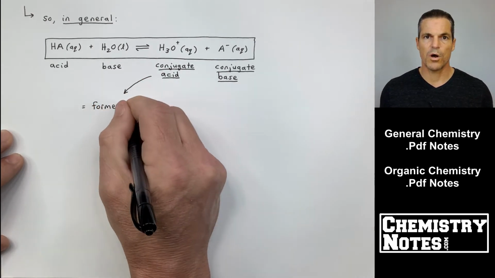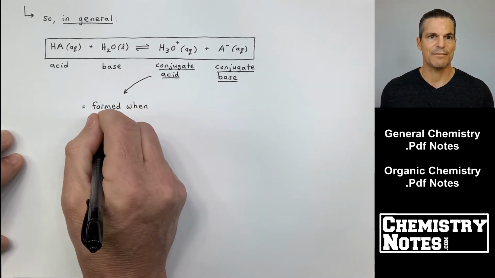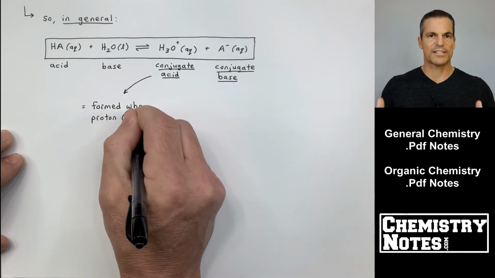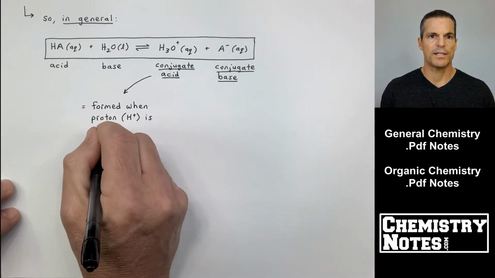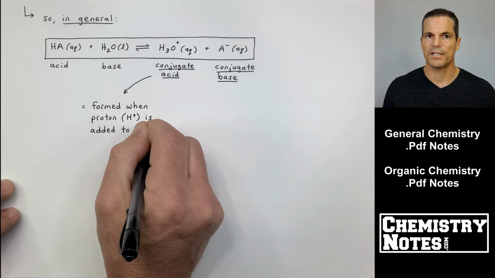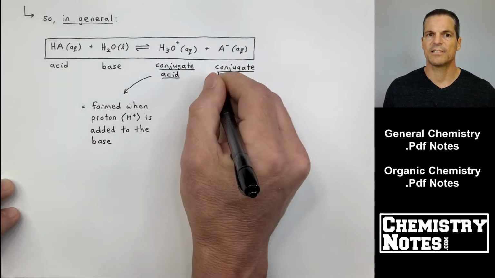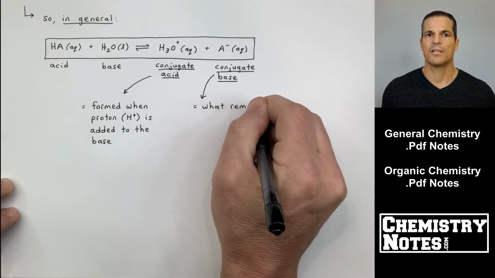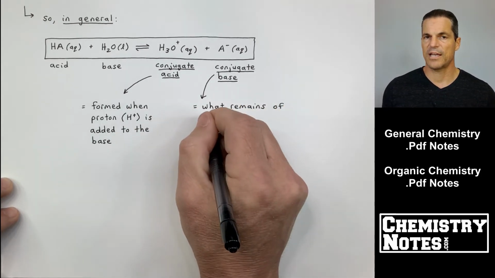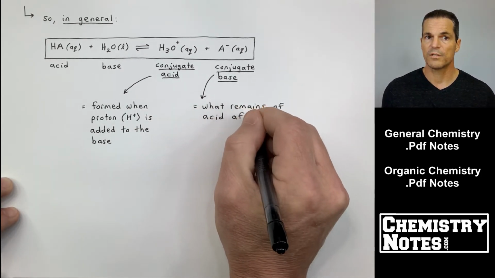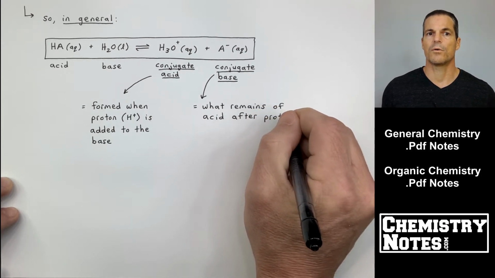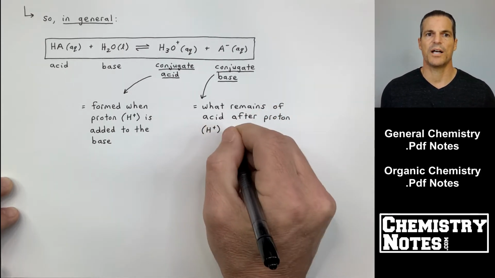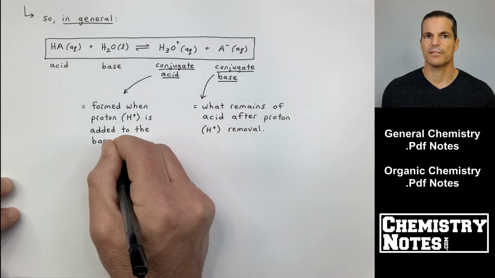If H2O is my base on the left-hand side, after it accepts its proton, H plus, it becomes H3O plus. That is my conjugate acid on the right-hand side. So the definition of a conjugate acid is simply something on the right-hand side of the equation that's formed when a proton, H plus, is added to my base.